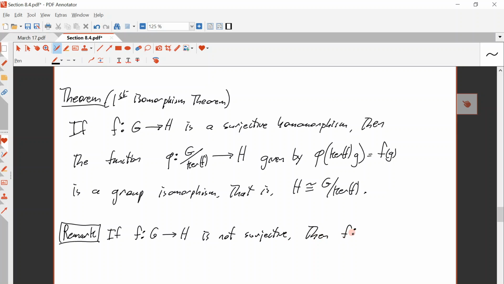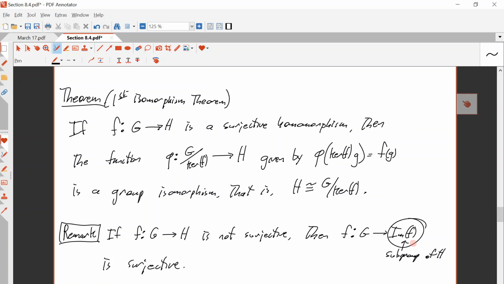Then F from G to the image of F, which is a subgroup of H, is surjective. If F is missing part of H, you might as well throw that part of H away.